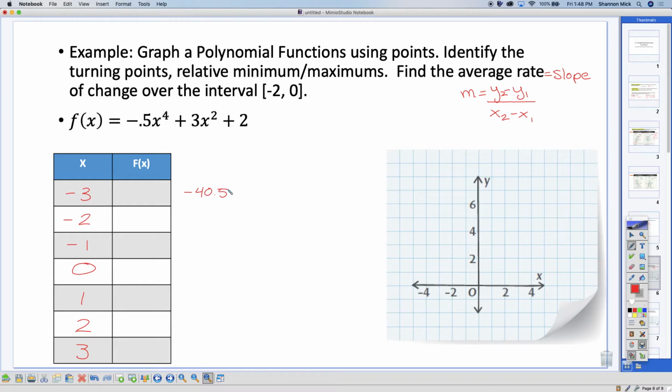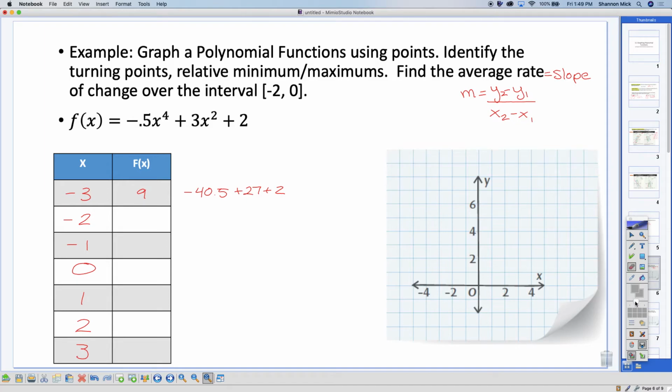Because we have to do the rest of the problem. So then 3 squared is 9, times 3 is 27, plus 2. And now you can pull out a calculator. I think we could do this one by ourselves. Oh wait, I can't add.